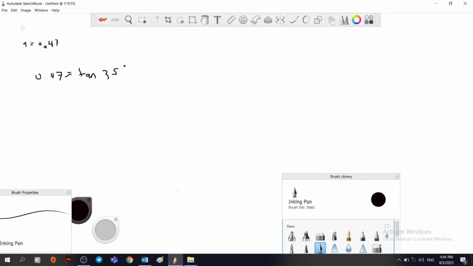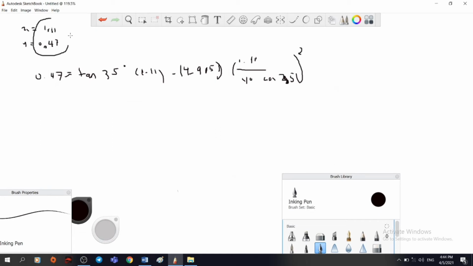Because the data that we got is for an angle of 35 degrees. Multiply by 1.11, minus 4.905 multiplied by 1.11 over V cos 35, squared. As I said before, why 35? Because this data is for angle 35.